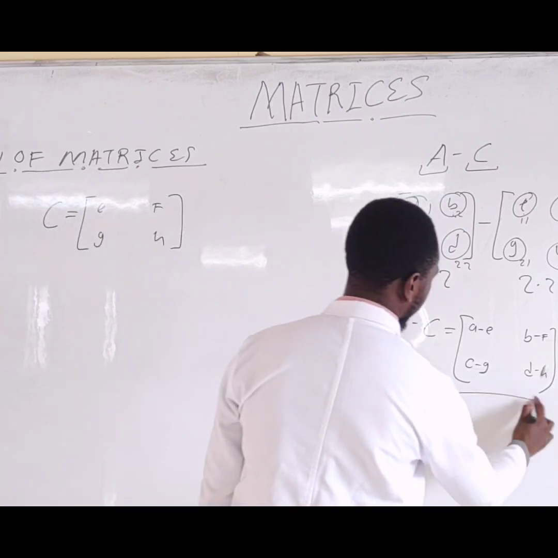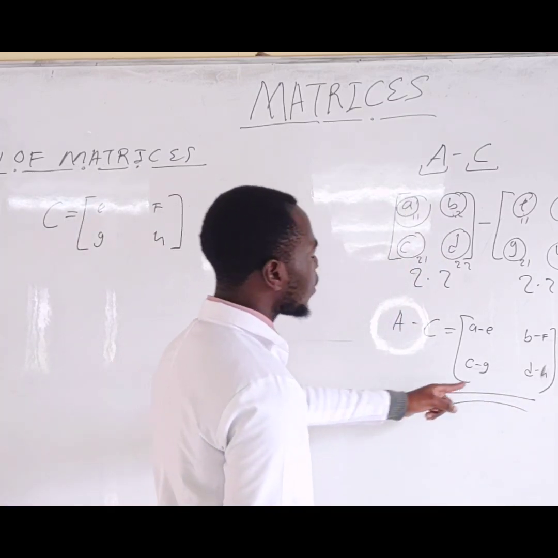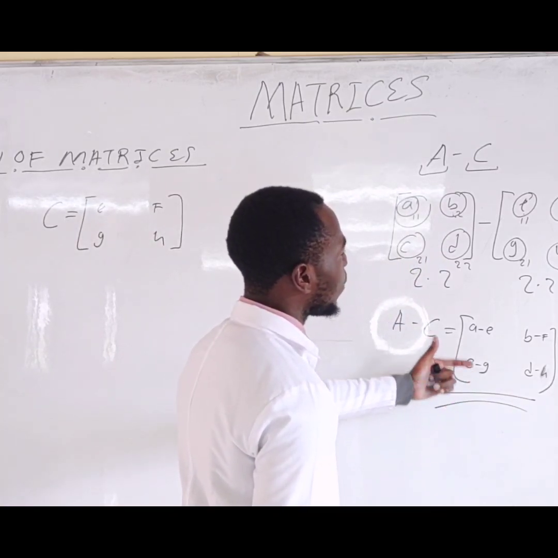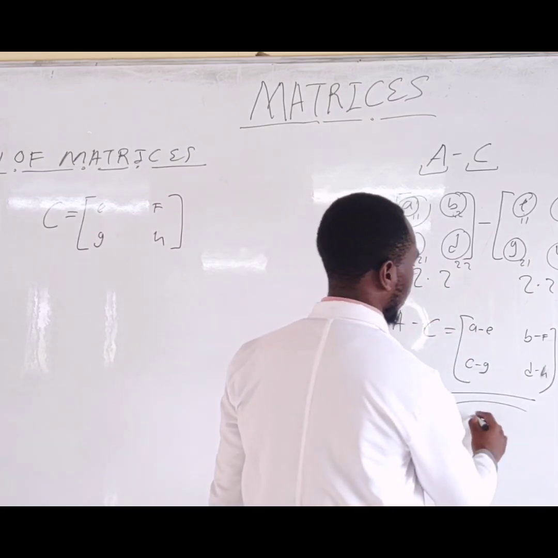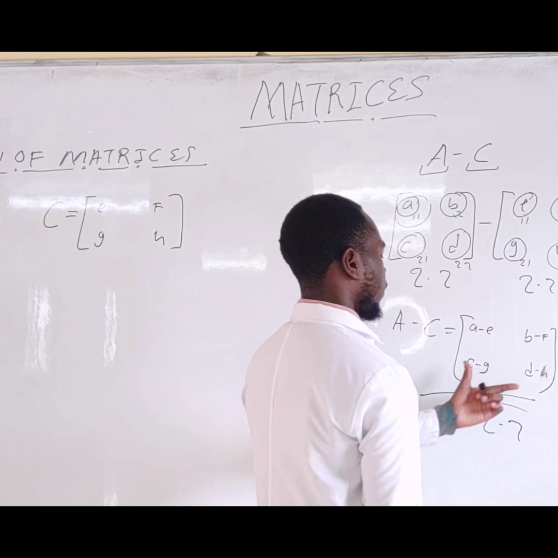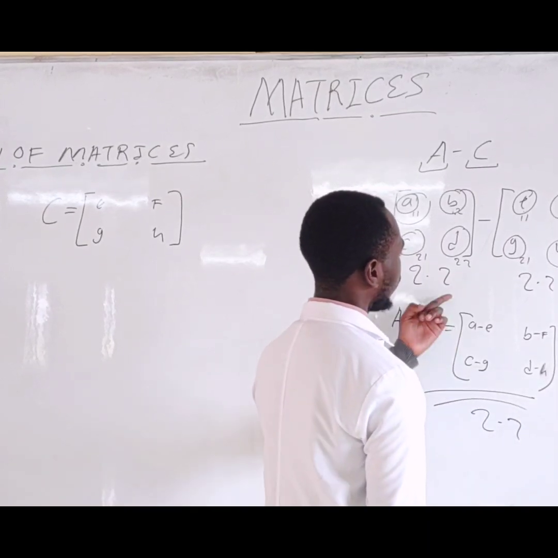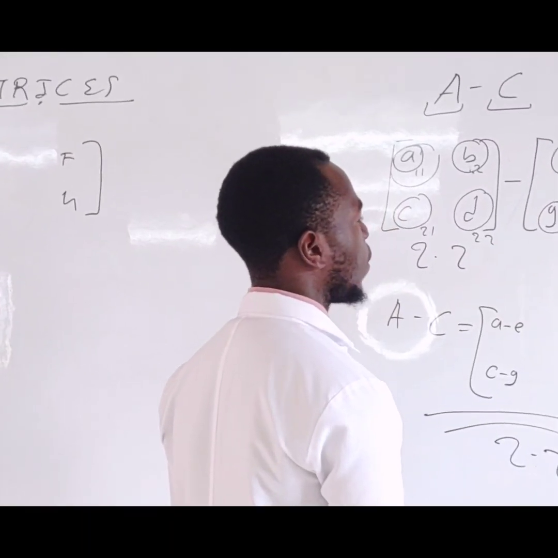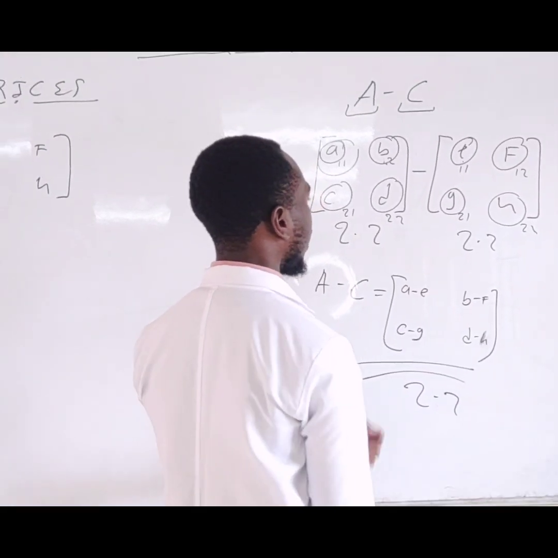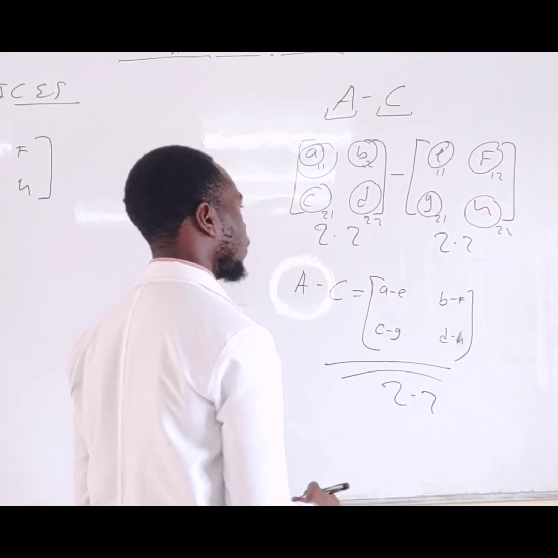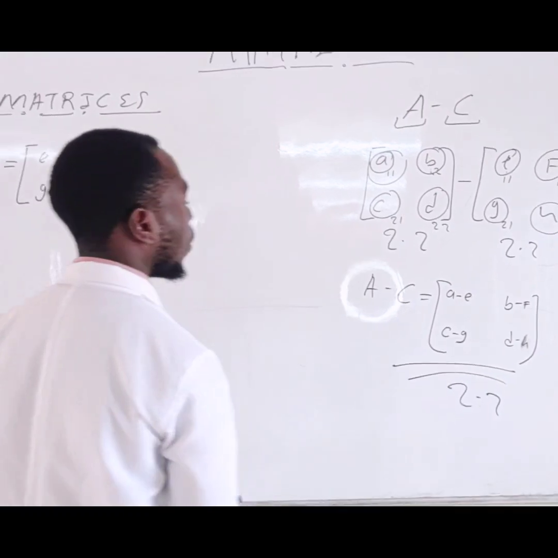This is your answer. Remember, the answer you are going to have is going to have the same order as the given matrices. What is the order of this one? It is 2 by 2. Since you have obtained 2 by 2, and here you have 2 by 2, 2 by 2, it simply means what you are doing is correct. If you have 2 by 2, 2 by 2, and then you produce another order which is not the same as this, it simply means what you are doing is incorrect.